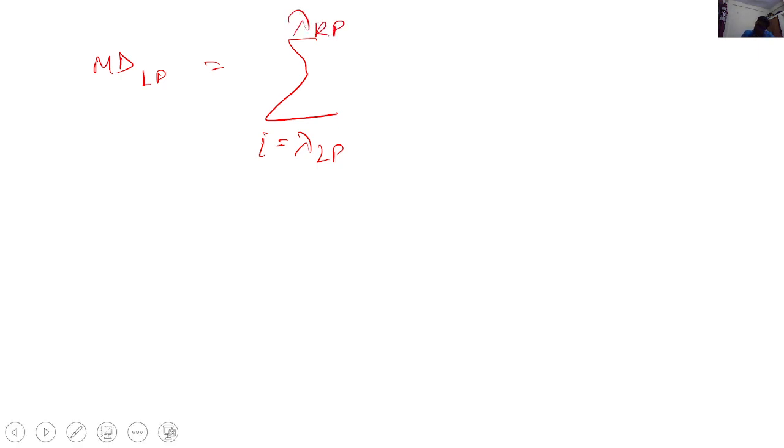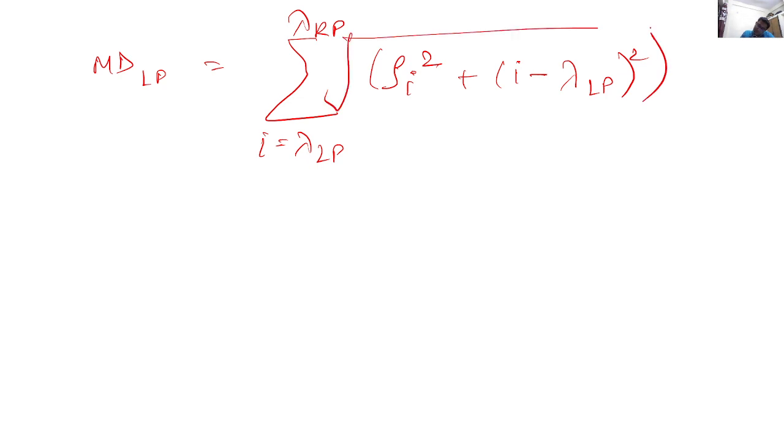Let us suppose the moment distance about the left pivot is, we are effectively doing an integration. The wavelengths will range from the left pivot to the right pivot in small increments. The distance is nothing but the hypotenuse. So we are basically summing up the squares of the base and the perpendicular of the triangles, the reflectance minus lambda, the RP square, and this is a square root basically.